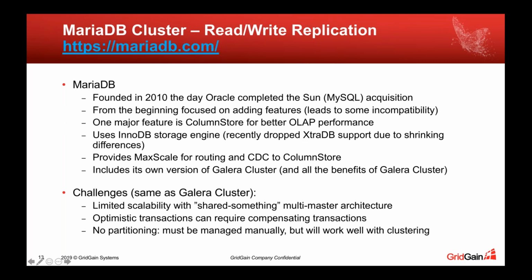You then have MaxScale, which is the router that also does change data capture and pipelines the data into MariaDB with column store. And on top of the Galera cluster that's being used for managing all these engines together, you also have MaxScale as a router.